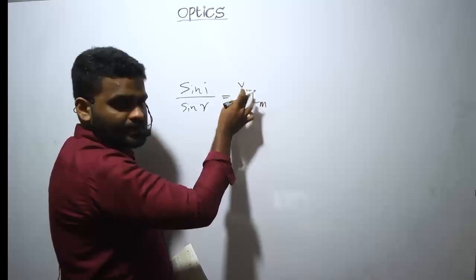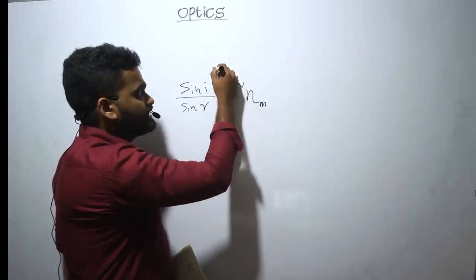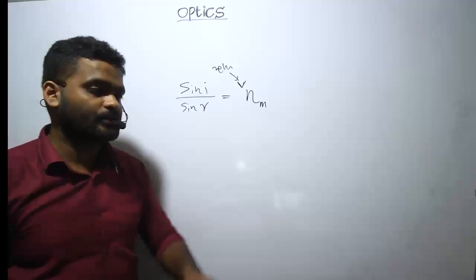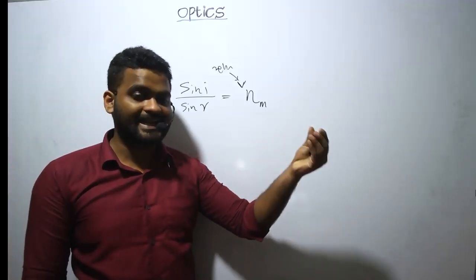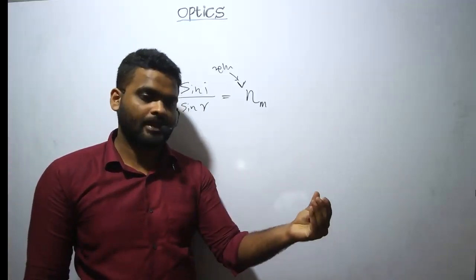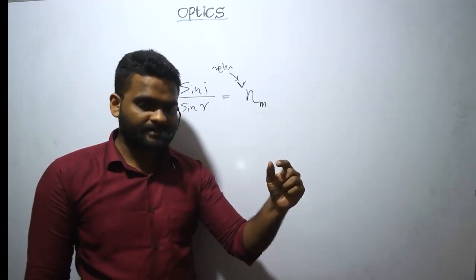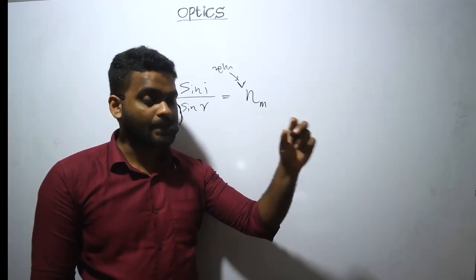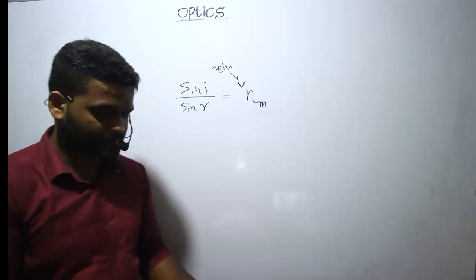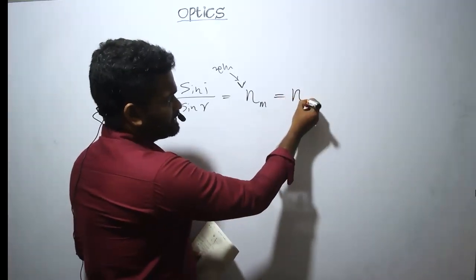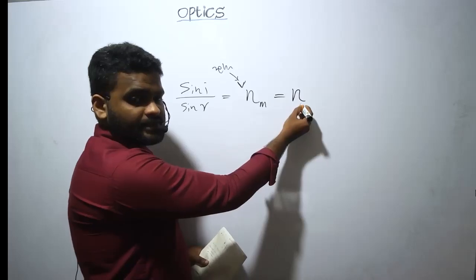Don't mix these two. Always it is relative to the vacuum. If you consider refractive index of other mediums relative to a vacuum, then such refractive indexes are called absolute refractive index. Usually we denote that as just simple n.